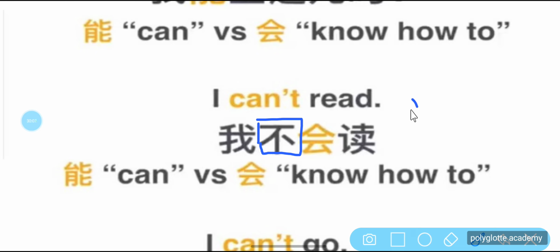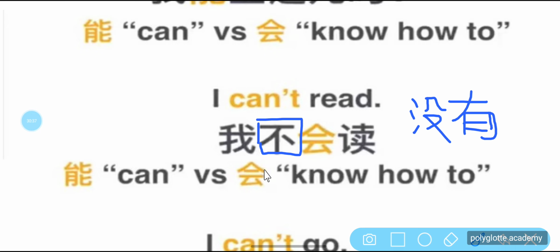Mei is used to negate past actions, like mei you, and is the only negation for you, which means to have, and mei you, which means not having.